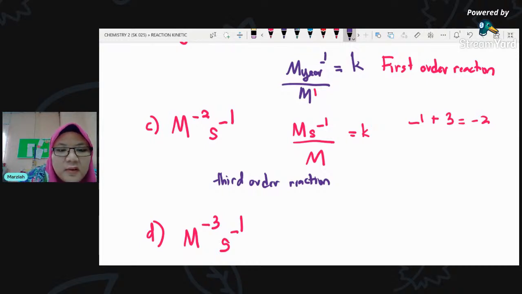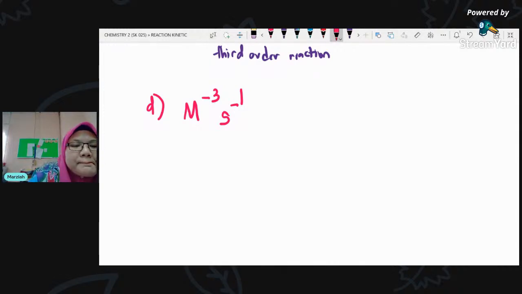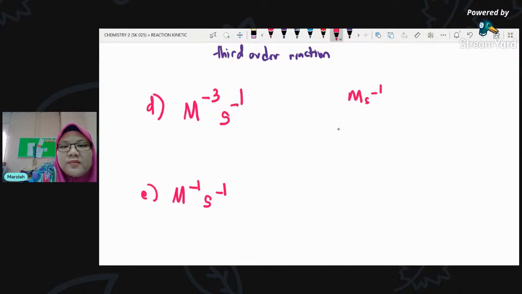What is the order of the reaction with respect to this unit? Is that 4, correct? Yes, so M^-1 over M to the power of 4 gives M^-3 s^-1.